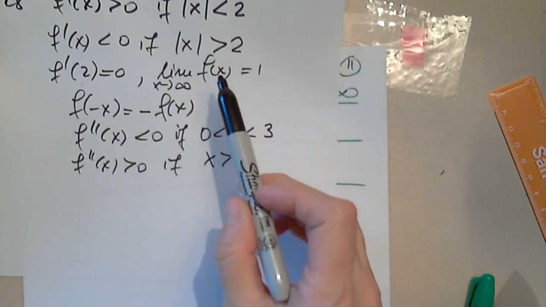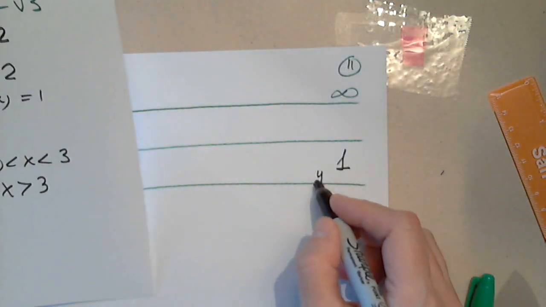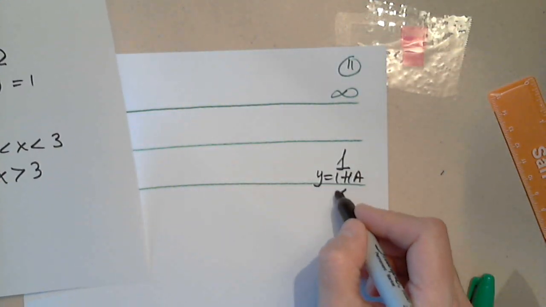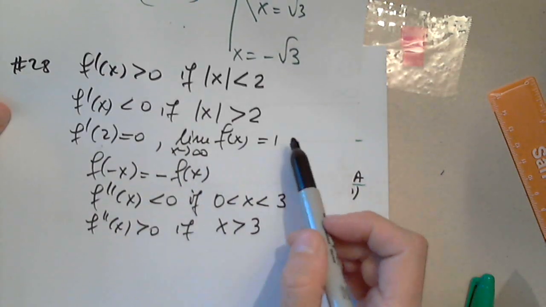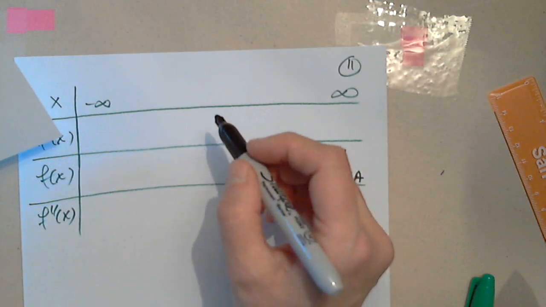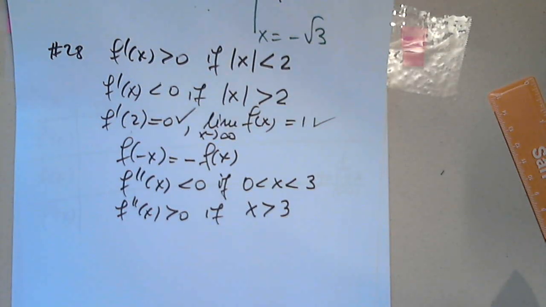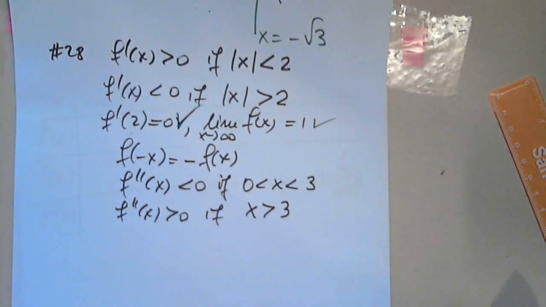The limit of f of x as x approaches infinity is 1. So y equals 1 is a horizontal asymptote at infinity. Done. f prime of 2 is 0. Done. Maybe I should use a different color for that. So these are done.